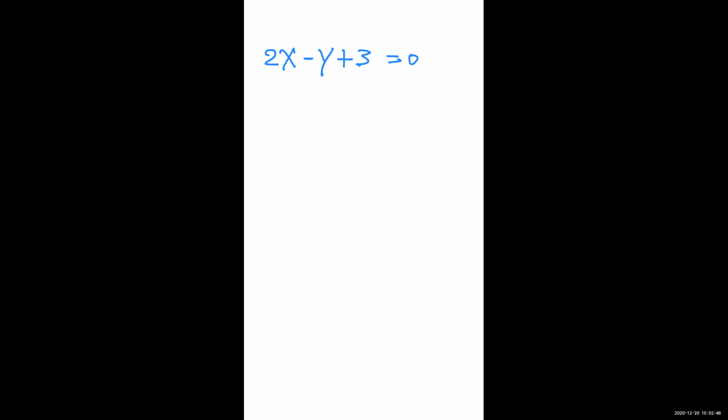Okay, first, how to represent this one? Actually, that was very easy. We know how to represent the straight line from the first unit on lesson 4. So how to graph this one? Actually, we said that we will assume some values for x to get the values of y, inside a small table like this one.